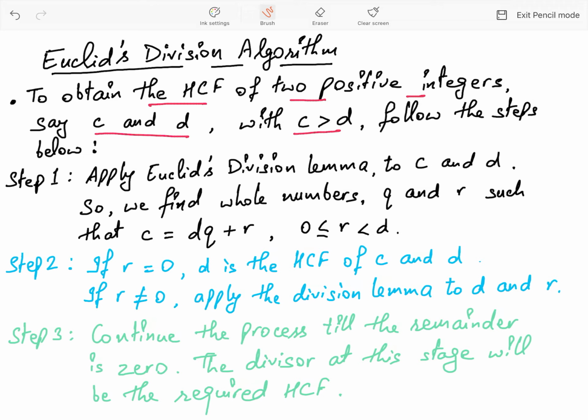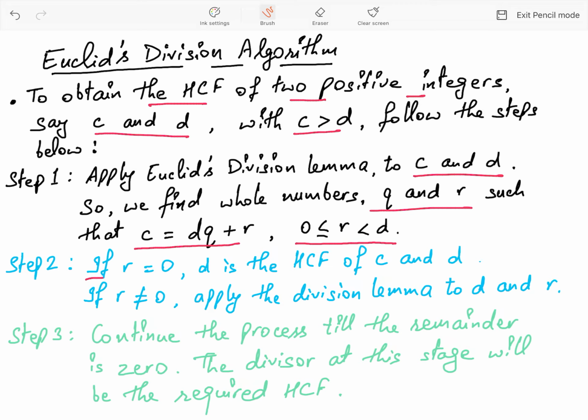Step 1. Apply Euclid division lemma to C and D. So we find whole numbers Q and R such that C is equal to DQ plus R, where R is greater than or equal to 0 and less than D. Step 2.